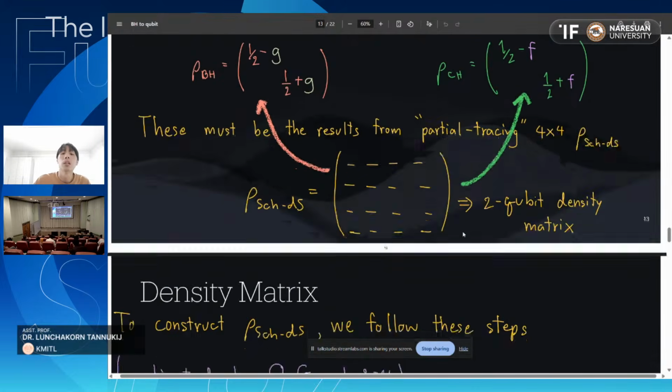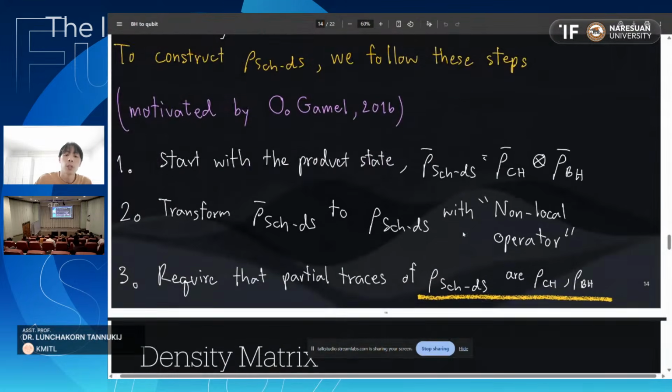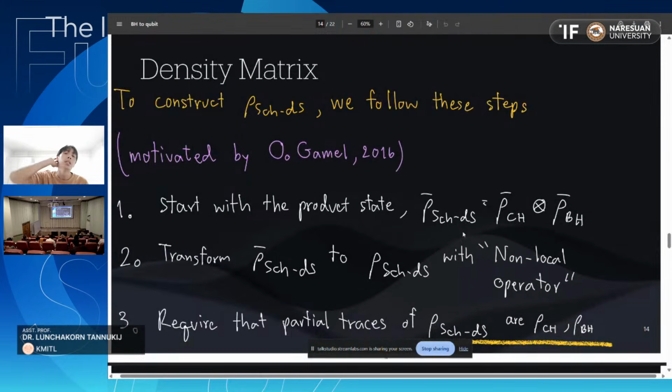So to construct, I'm going to follow these steps. This is one way to construct it: just use those density matrices and tensor product them head on like this, and then you will get a total density matrix.